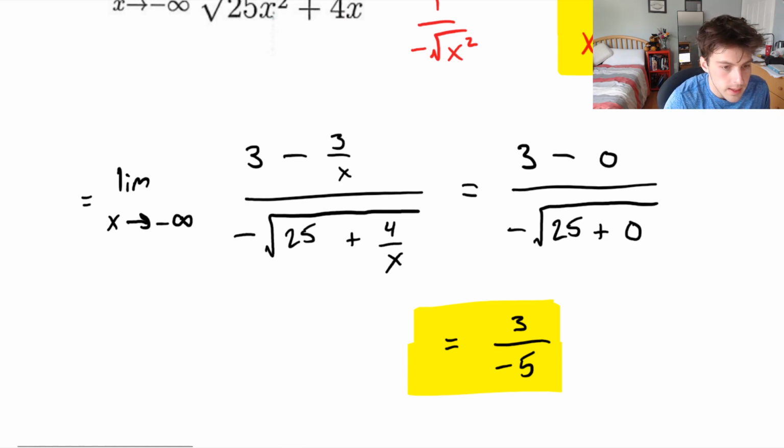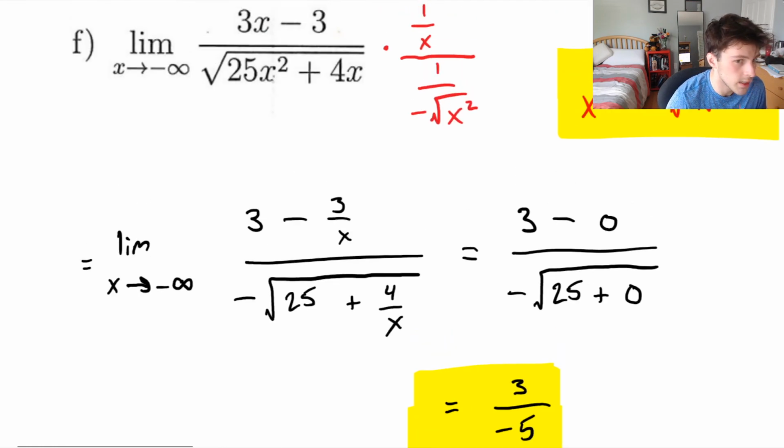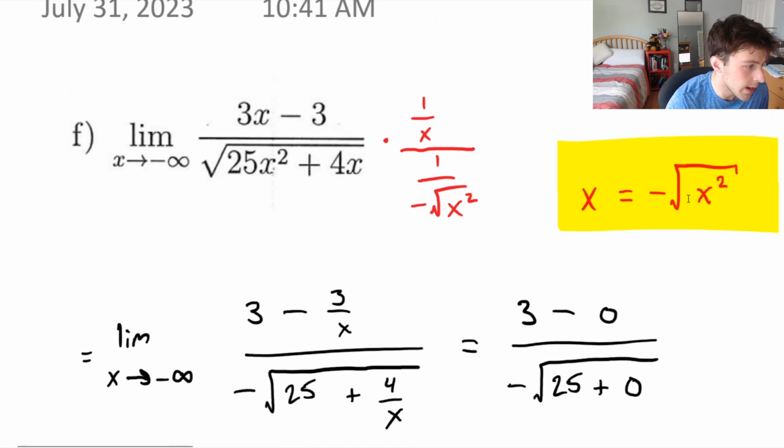Now, it still might be a little bit confusing, so I'd like to approach this question now with a slightly different method, and we're just going to use a substitution. And maybe this will make things make a little bit more sense if the x is equal to negative square root of x squared is a little bit fuzzy, then maybe using a substitution would be a way that would work for you.